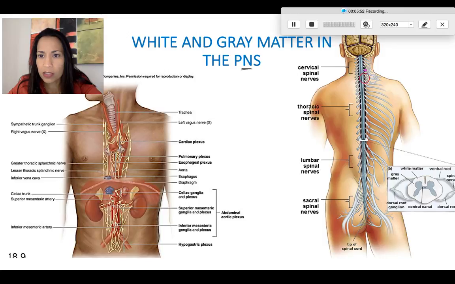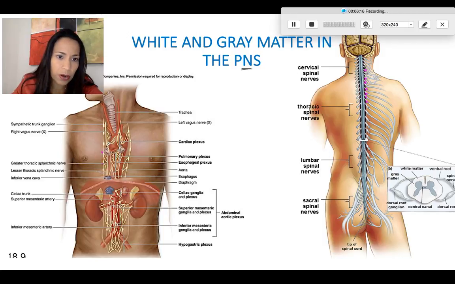These structures are ganglia. And if you remember, ganglia are clusters of cell bodies in the peripheral nervous tissue. These are not called nuclei, but ganglia. And we can see also ganglia in here. These are part of the autonomic nervous system. They look like beads. Those are ganglia of the autonomic nervous system.